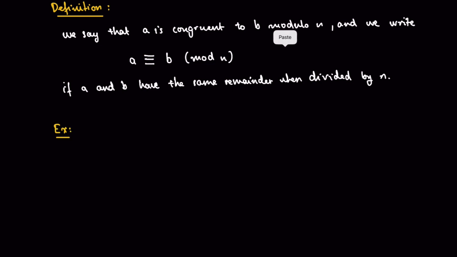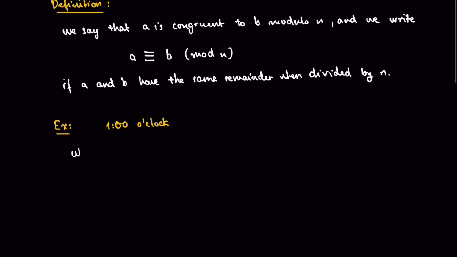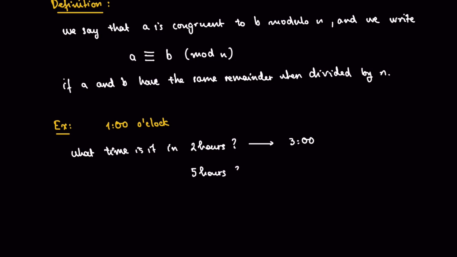So currently, let's say this is 1 o'clock. And you want to know what time it is in 2 hours. The answer is 3 o'clock. Now what about after 5 hours? 1 plus 5 is 6 o'clock.